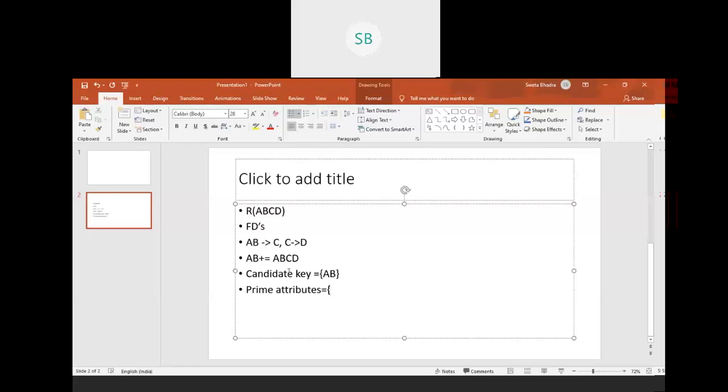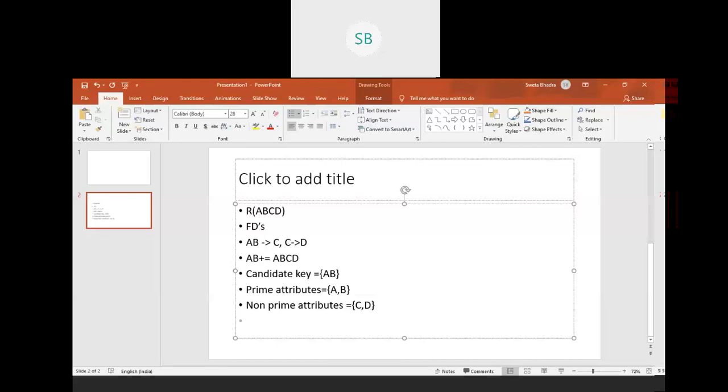The candidate key is AB, so the prime attributes will be A, comma B. Then the non-prime attributes are C, comma D.